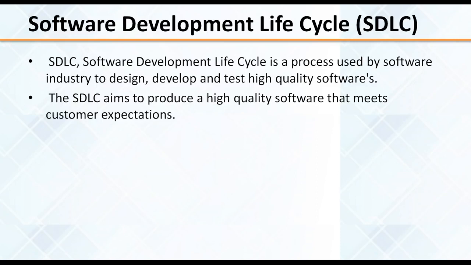SDLC basically talks about the process. Any company, if it wants to deliver a product, has certain requirements. The company requires certain inputs, or we can say raw material, and within the company they go through multiple phases, and finally it produces a product for the market.